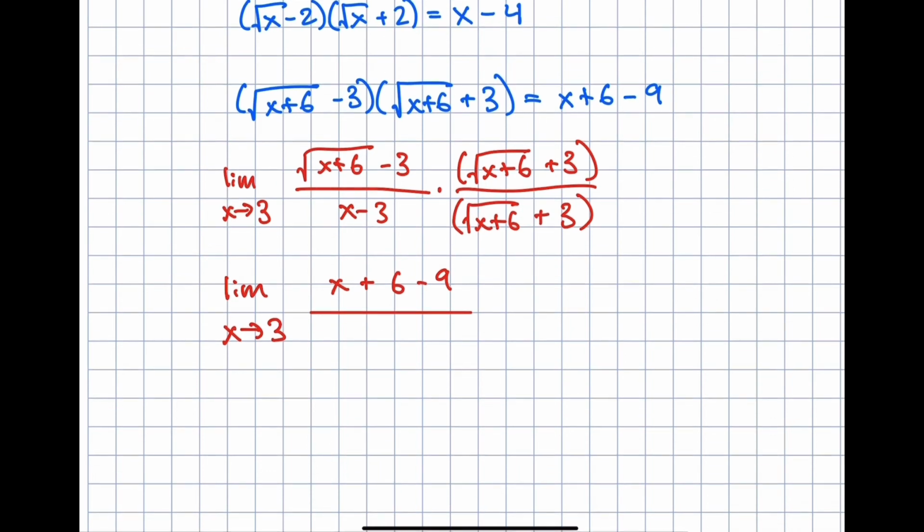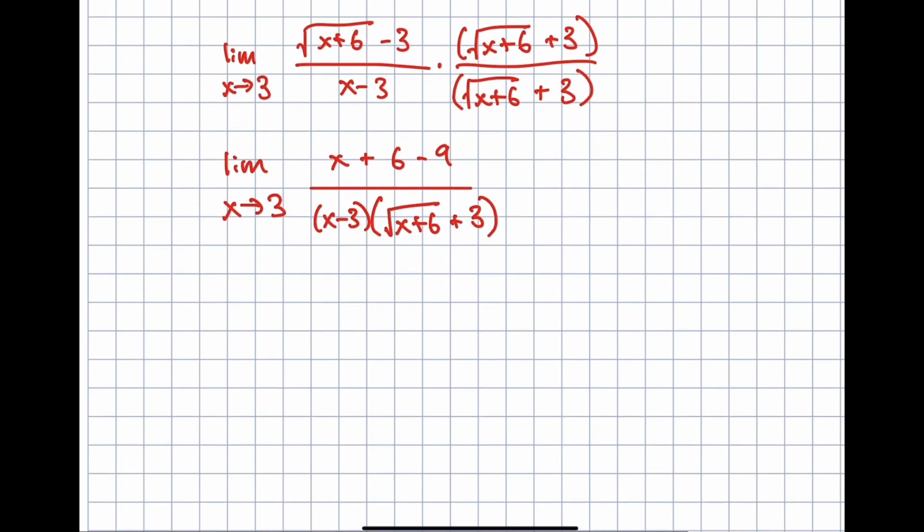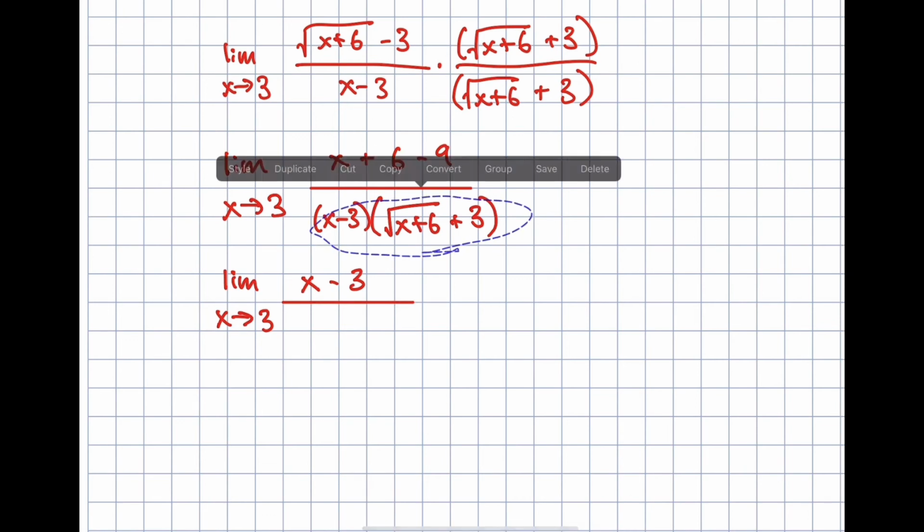So we're just going to leave the x minus 3 that we had before by itself, and the square root of x plus 6 plus 3 by itself as well. All right, so now on our numerator, we can simplify this a little bit. This is going to turn into the limit as x goes to 3 of x, 6 minus 9 is minus 3, so we just have x minus 3, divided by the exact same denominator as in our last step.